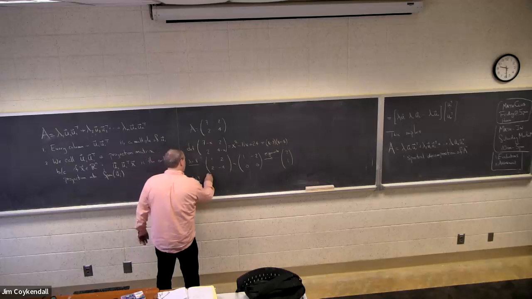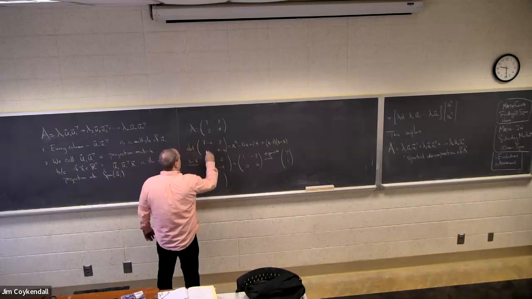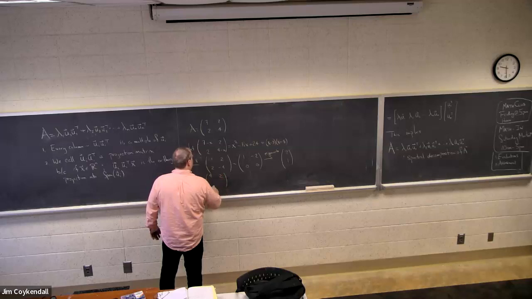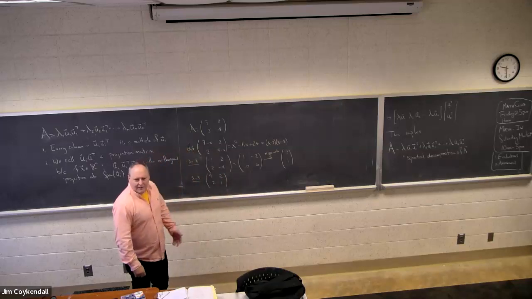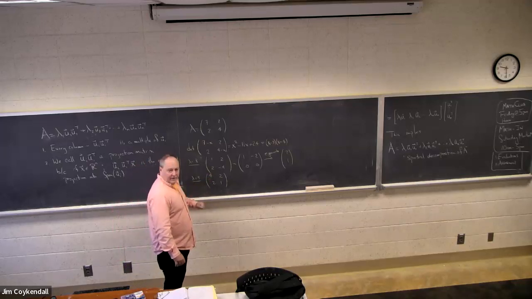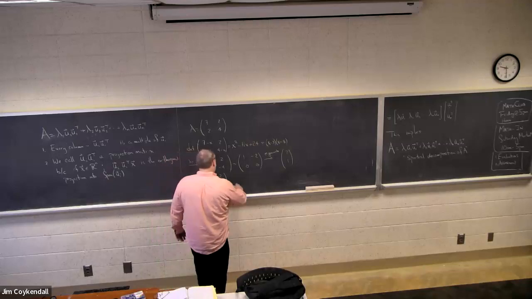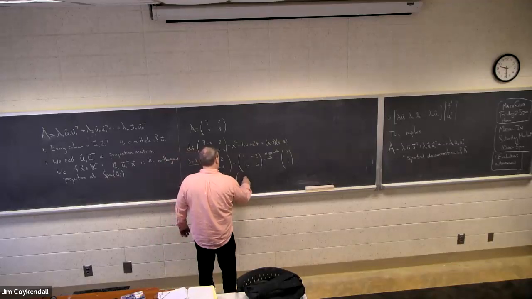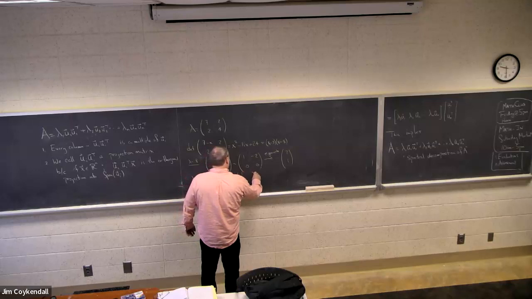So this one, I subtract 3 from the diagonal, and I get 4, 2, 2, 1. How about that? Another singular matrix, as to be expected. Notice this is a multiple of this. So really, I can rescale this to 1, 1/2.